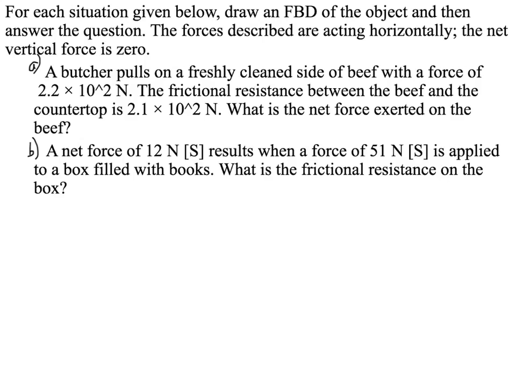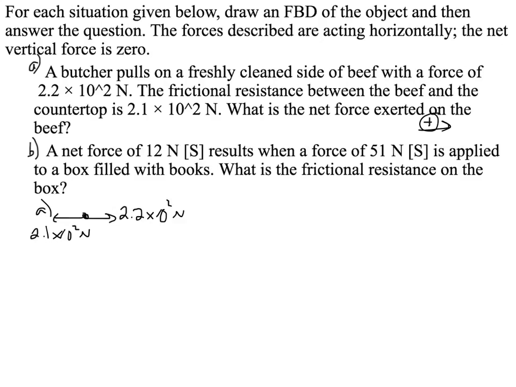For both cases, let's just say that way is going to be positive, just to make things easier. So for A, we'll draw our free body diagram. That is F applied, 2.2 times 10 to the 2 newtons. Going backwards is F friction, 2.1 times 10 to the 2 newtons backwards, or in this case, negative. So how do we solve this?